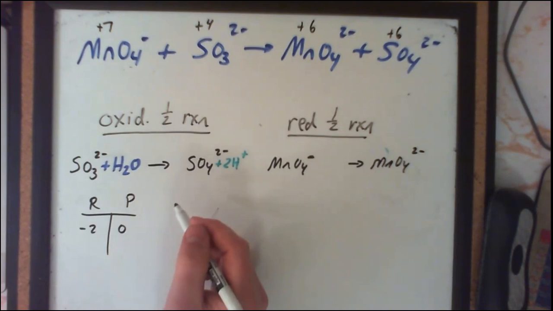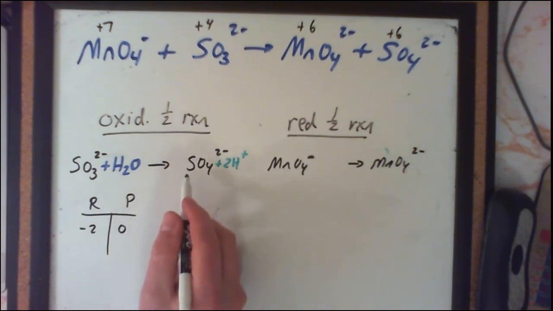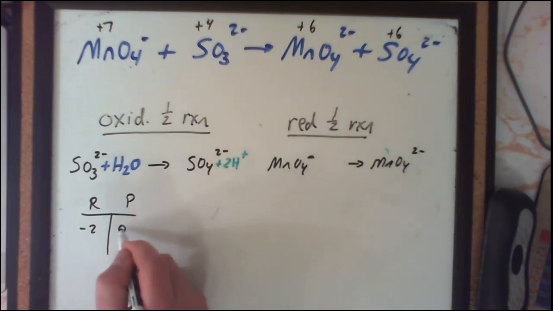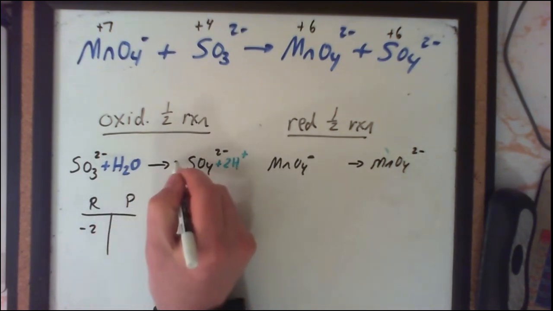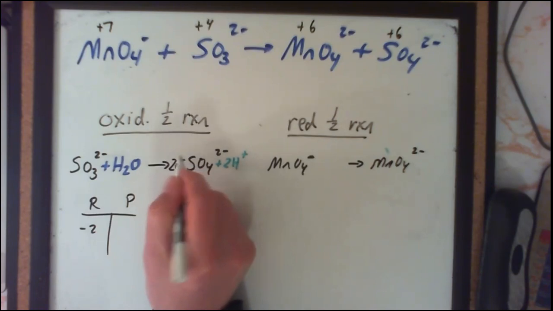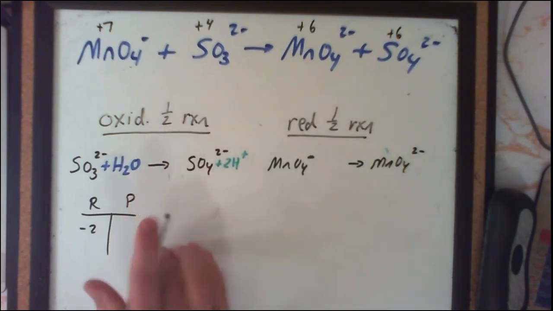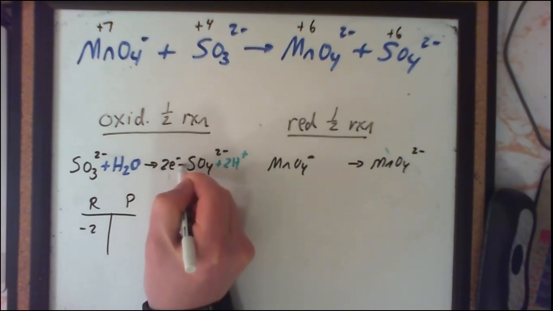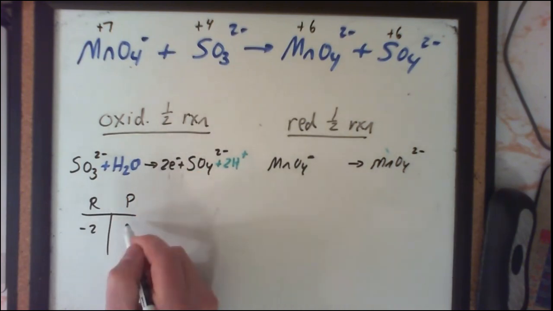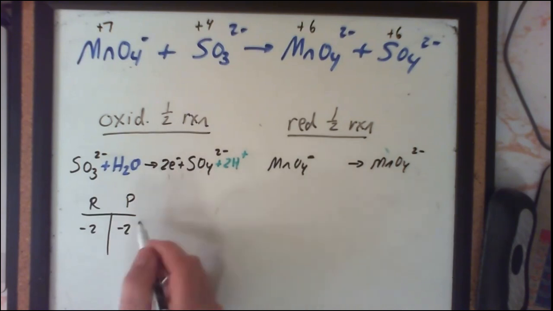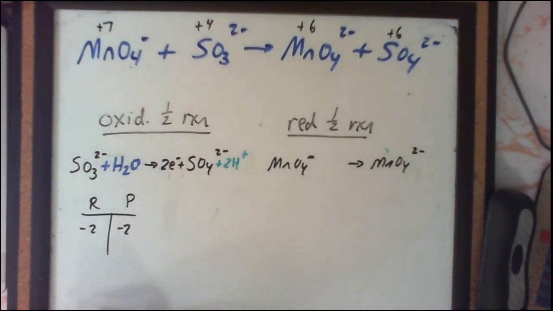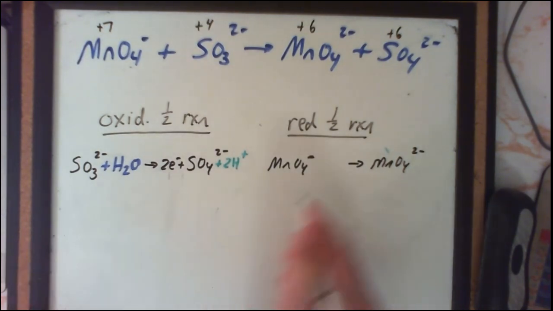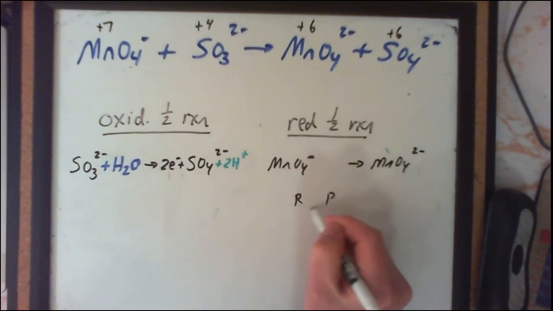So because I'm adding electrons, I have to be adding electrons to the product side to reduce the charge on the product side. So I can add 2 electrons here. Add 2 electrons, and now I have -2 on the product side charge, which matches the -2 I have on the reactant side. I do the same thing for the reduction half reaction.